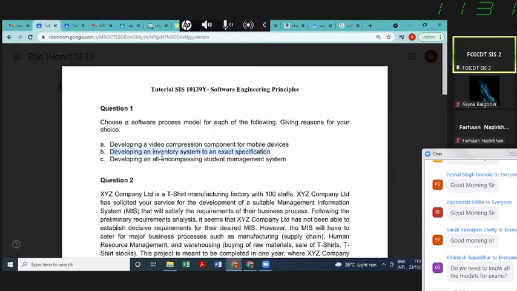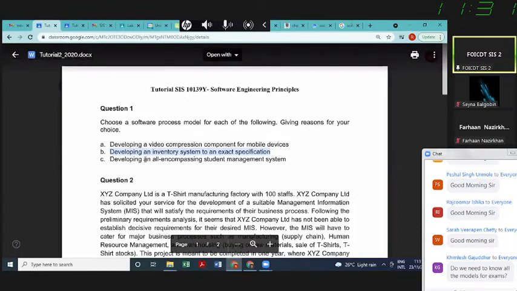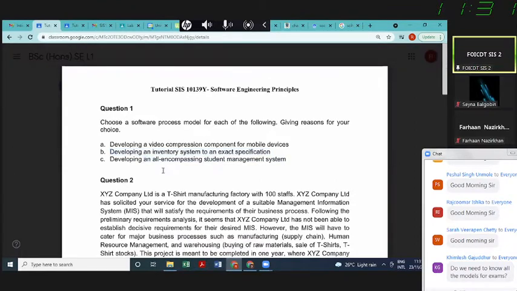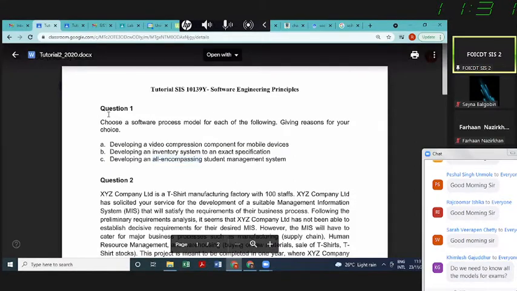So you talk about V&V with the justification that perhaps you would want software of high quality. Agreeable. But what came to my mind is this all-encompassing student management system, where I get the impression that it's going to be something very big. So that's why I need to release this in the form of increments. Okay, for question number 1.